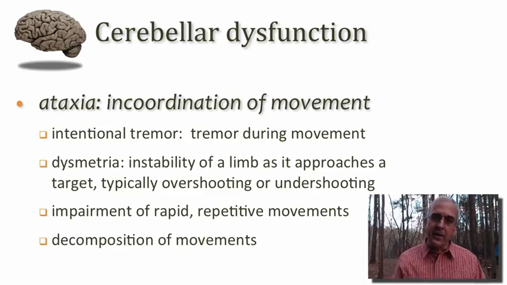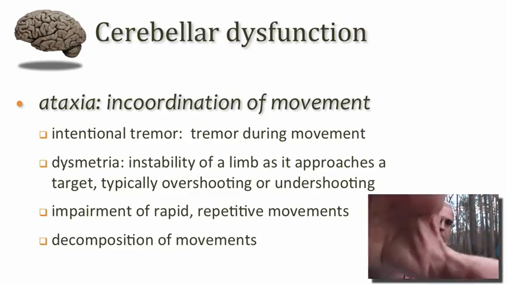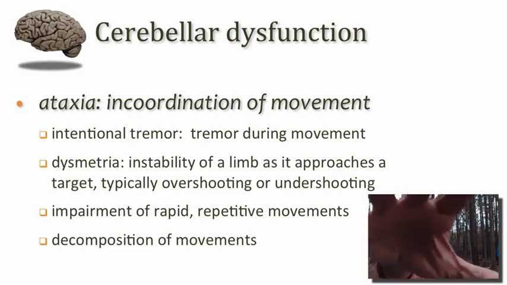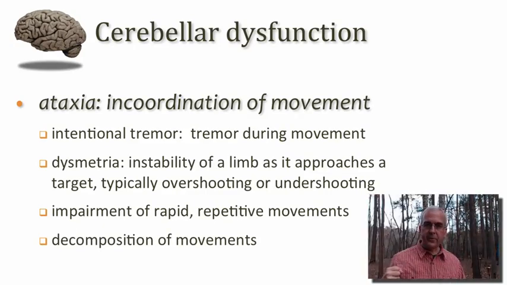And then finally, there can be a decomposition of movement. Rather than a smooth coordination across multiple joints in, let's say, a visually guided reach, there may be a breaking down of that motion into component parts. So there can be a decomposition of that smooth coordination or that smooth sequencing of action across these joints.